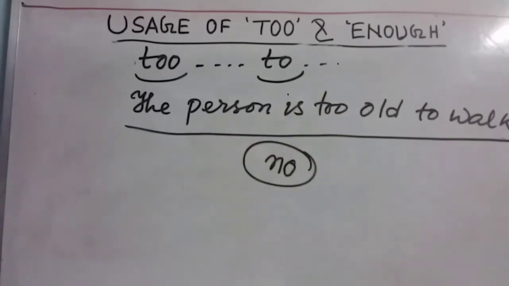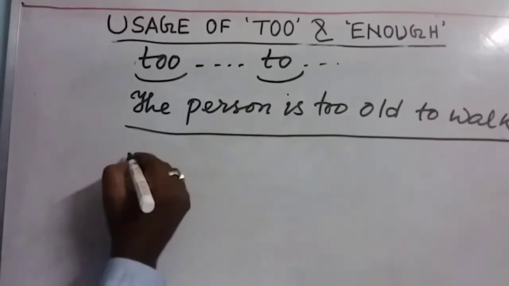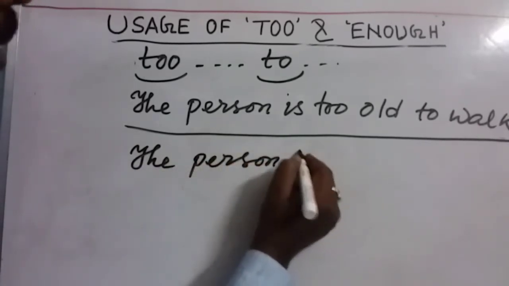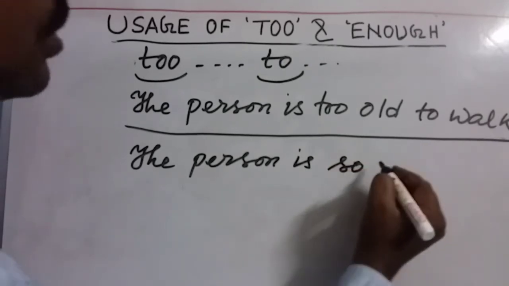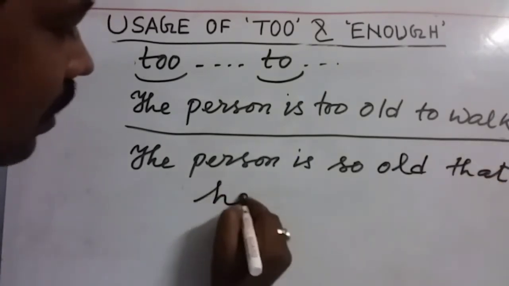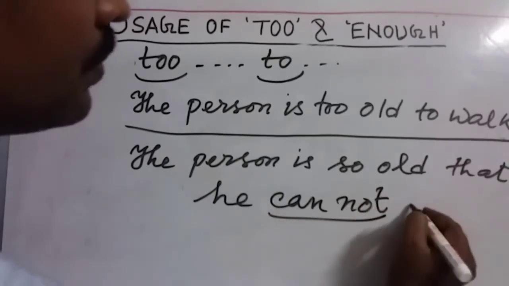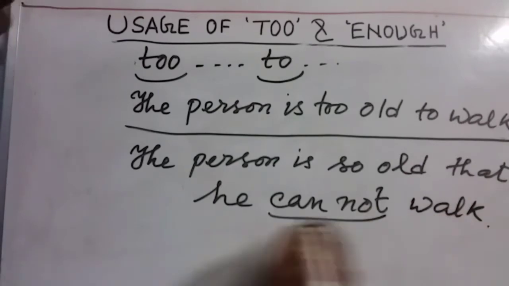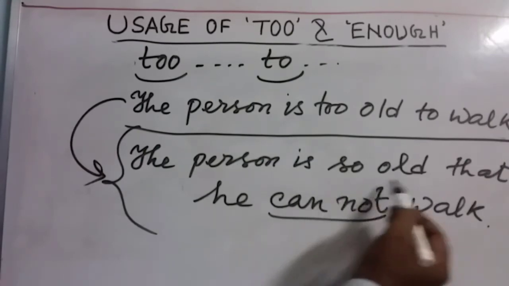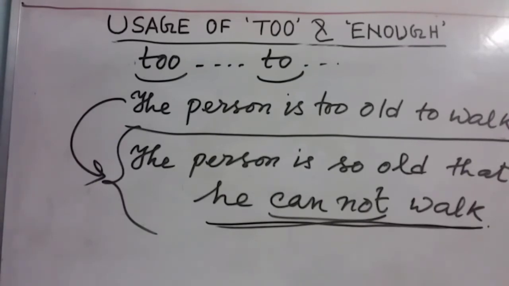I am just writing down the meaning of this sentence. This sentence actually means the person is so old that he cannot walk, or he can't walk.